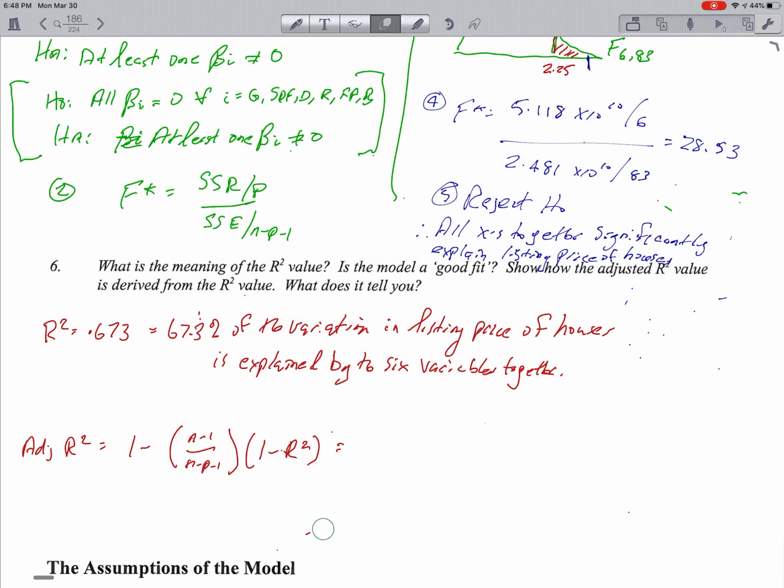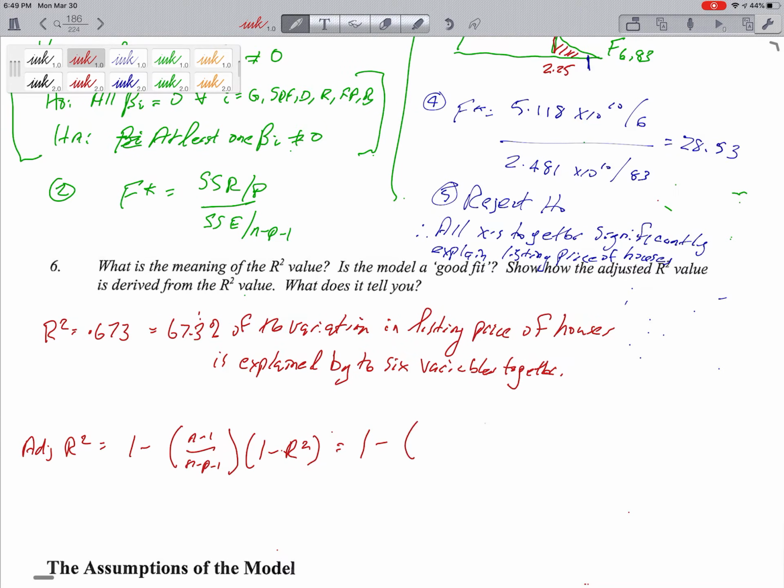And so that's equal to, in our case then, 1 minus 90 minus 1 over 90 minus 6 minus 1 times 1 minus 0.673. Now that's already a squared number, right? The R-squared value. And so that will come out to 0.650.